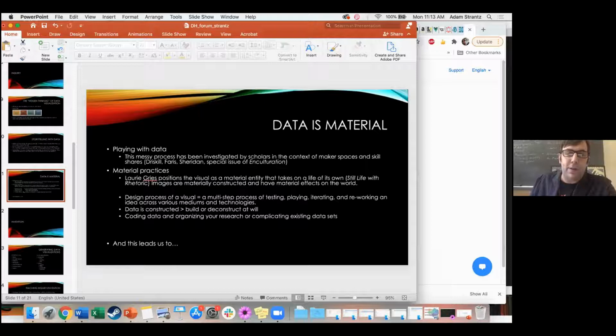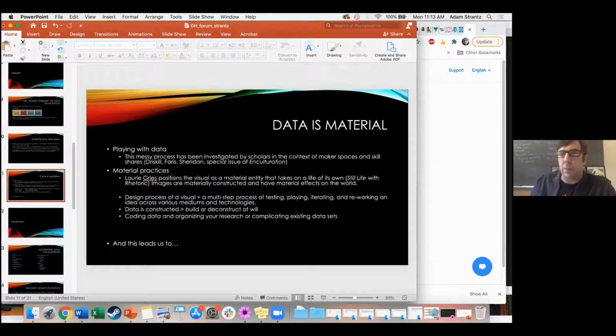So one of the things I really want my students to think about is playing with data, this kind of messy process of working with data sets, collecting data, and coding it and trying to figure out and make sense of it. There's been some great work in maker spaces and skill shares. I've got a link to a few people there. I really like Lori Gree's work, Still Life with Rhetoric, talking about the visual as material entity that takes on a life of its own.